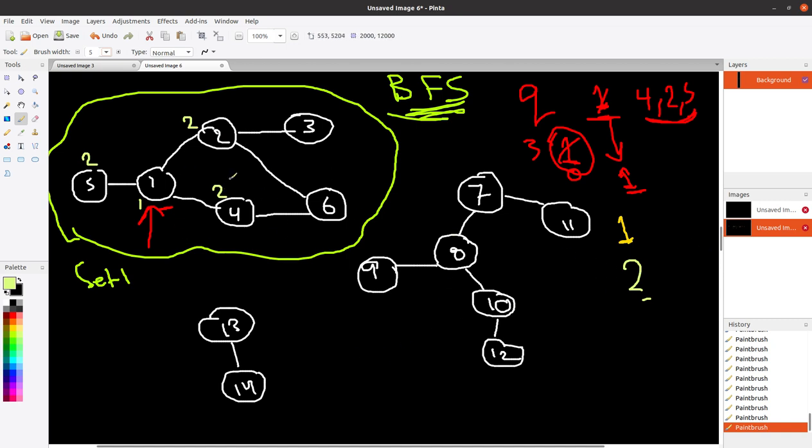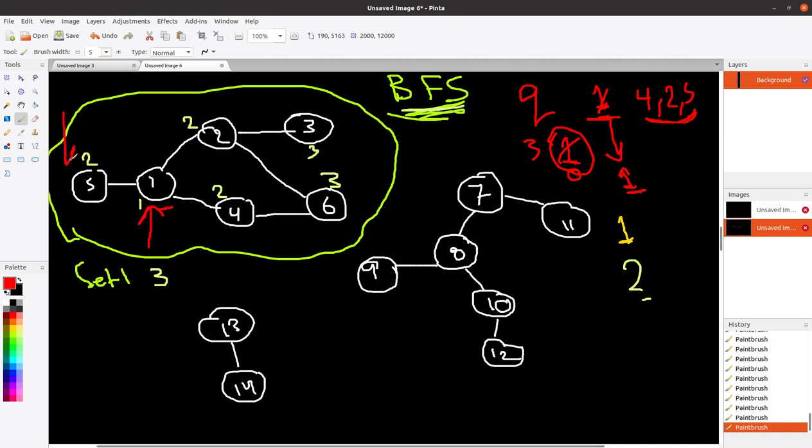And we will do the same for every node. So for example, node number 2, it has two unvisited neighbors, 3 and 6. These two neighbors will have group number 3, and this will be the answer for this solution: 3 groups. Then we need to do another PFS starting from another root node.